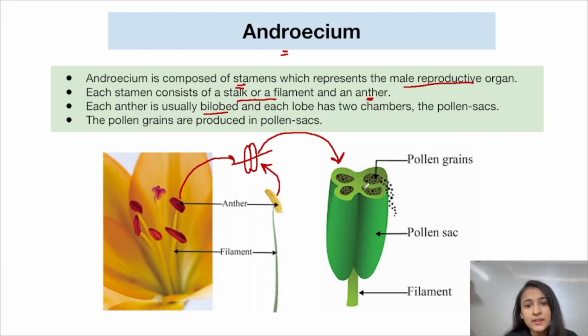These structures represent the pollen sacs, and these sacs extend throughout the length of the lobes. The whole of these lobes inside would contain pollen sacs. Each lobe would have two pollen sacs. One pollen sac is present here, and one pollen sac is present behind it. So in total, 4 pollen sacs are there. As the name suggests, these are sacs of pollen grains. Each pollen sac contains pollen grains, and pollen grains are the structures which bear the male gametes.